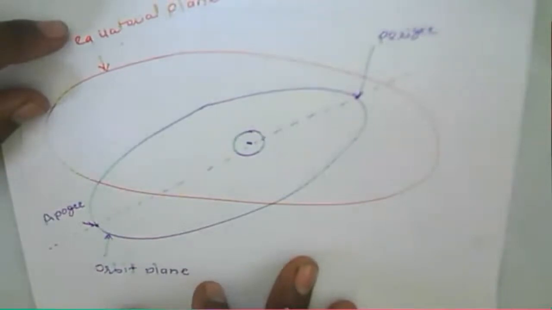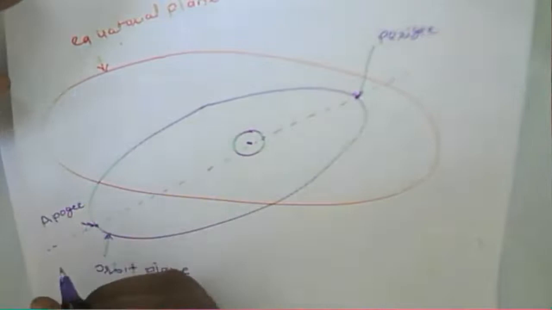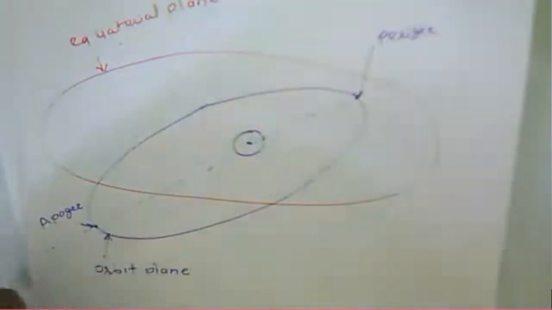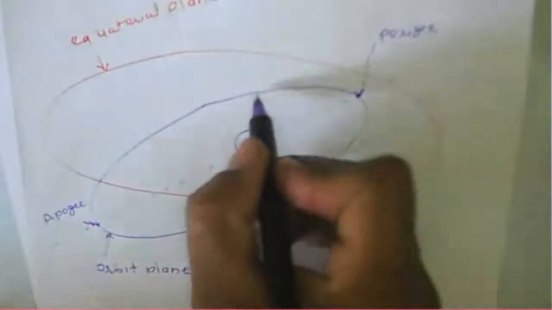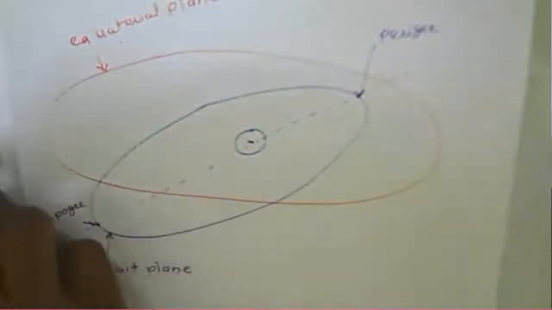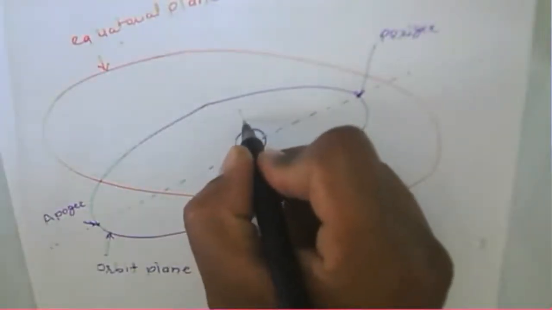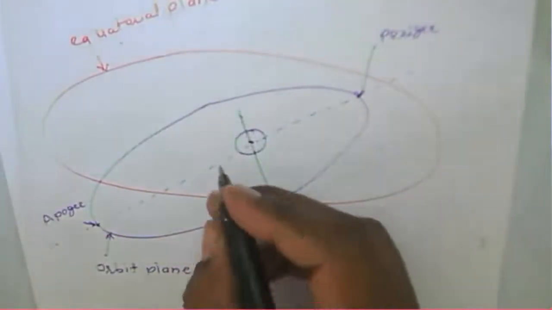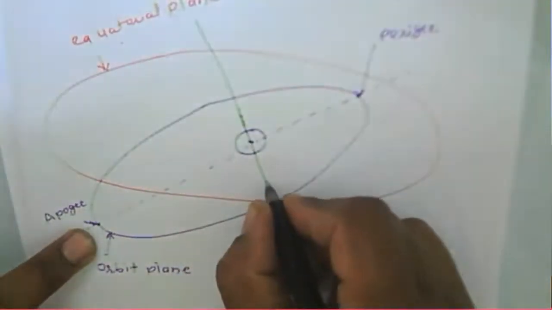And this point, which is nearer to the earth, is called the perigee. This is the apogee and this is the perigee. And a satellite is rotating around this earth.